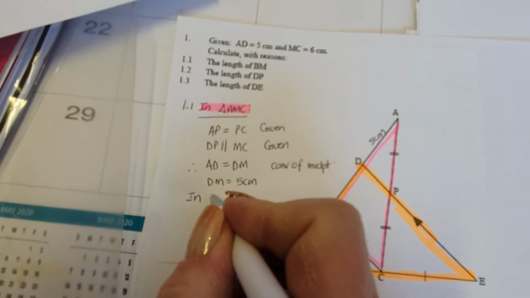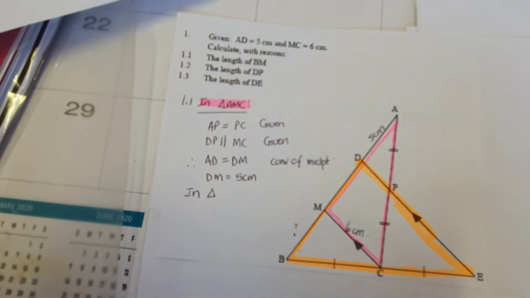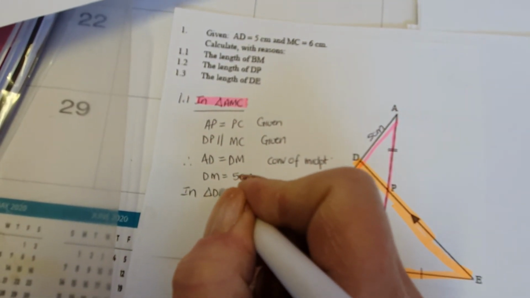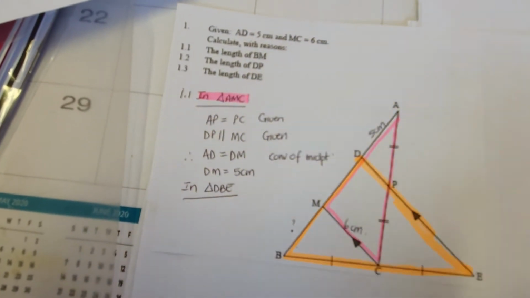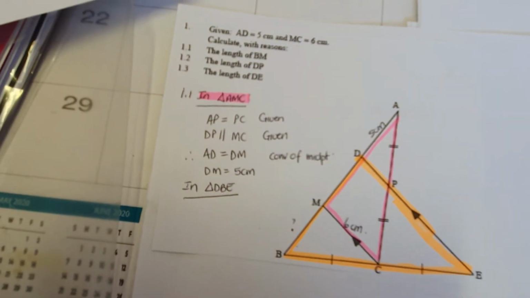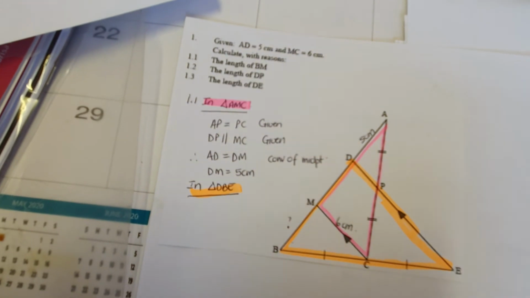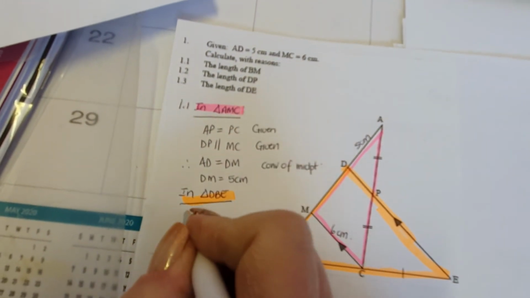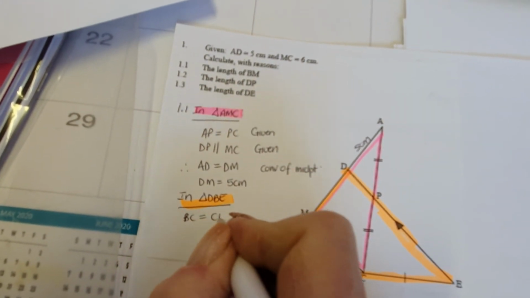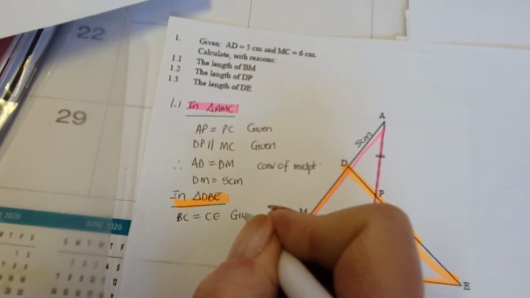So you will say in triangle DBE, which is officially my orange triangle, BC equals CE, that was given.